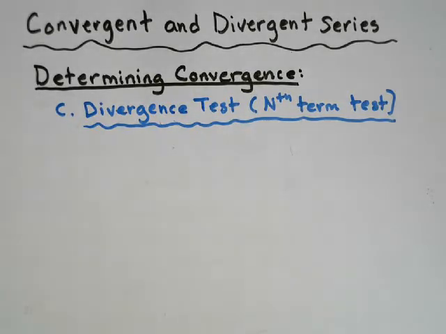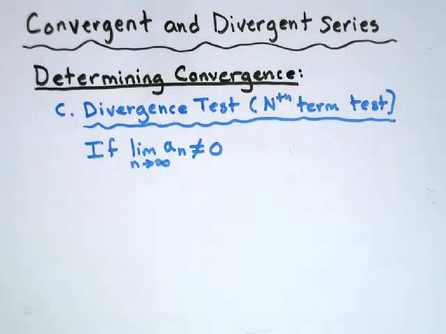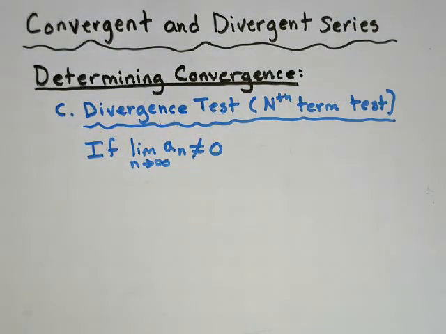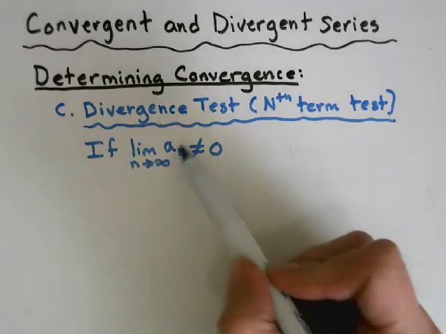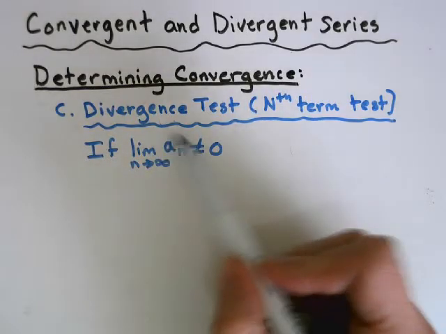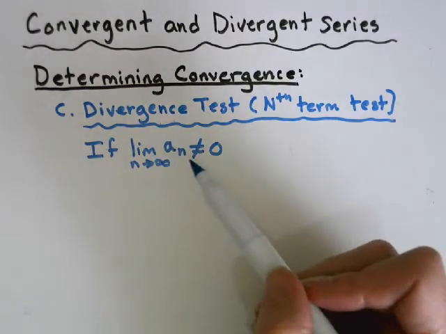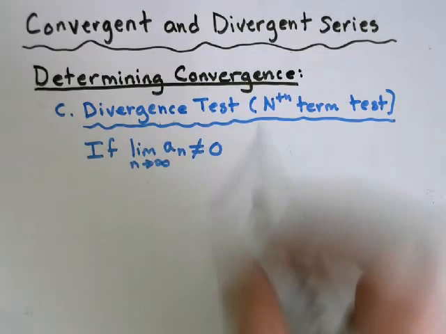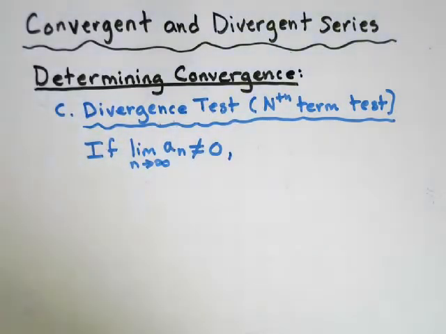So the divergence test is the first one, and it's a fairly simple idea. It's called the nth term test because what we're going to look at is what happens to the terms as they get infinitely big, as n goes to infinity. So if the limit as n goes to infinity of a_n, okay, so we're looking at the terms itself, is anything but 0, that means you are adding infinitely something that is not 0.